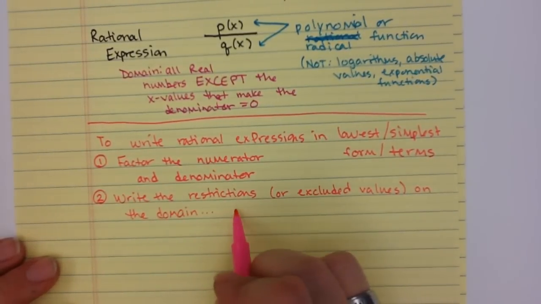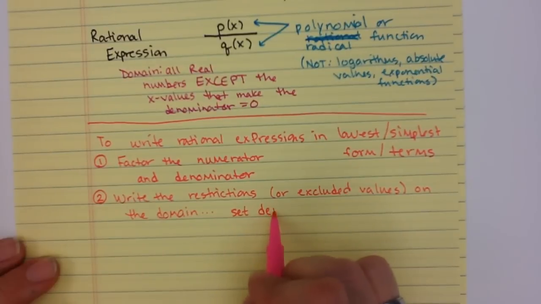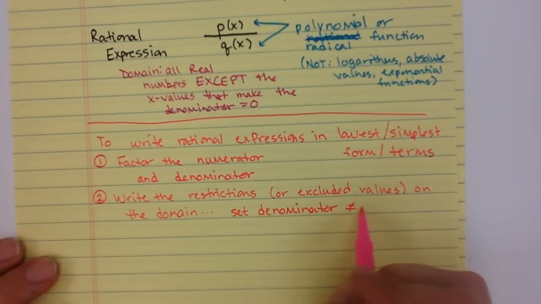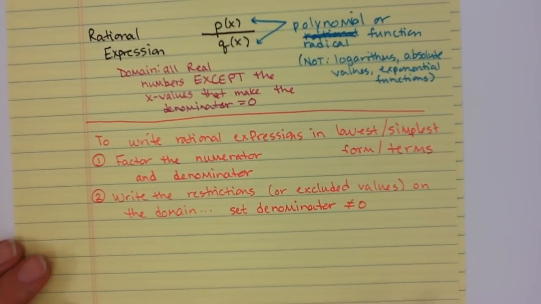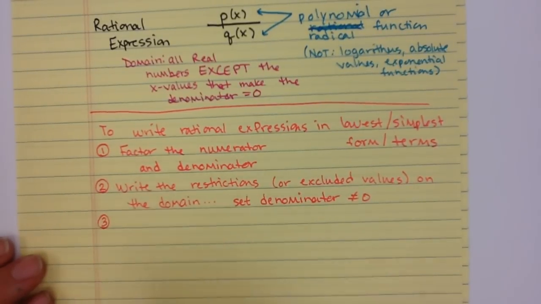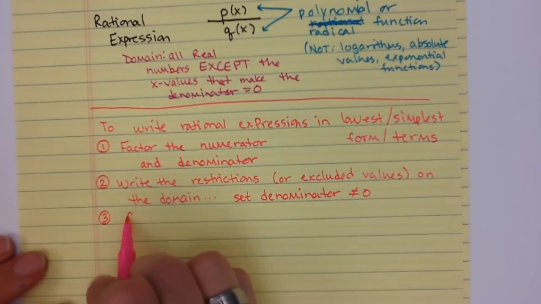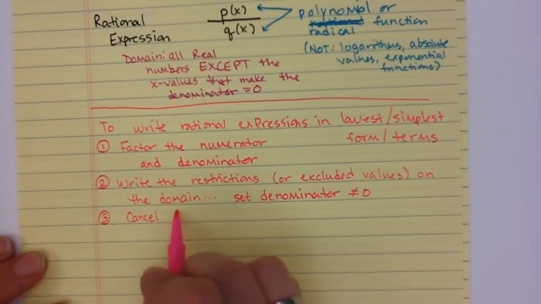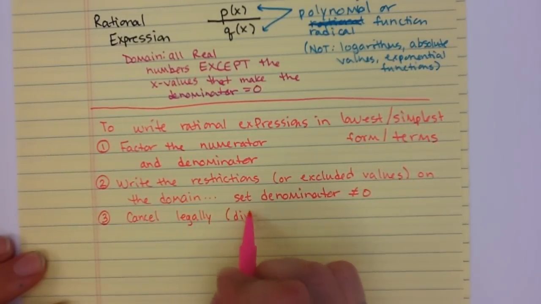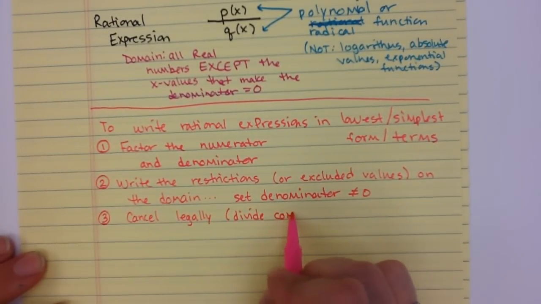And we do that by setting the denominator not equal to 0. Then we will divide out common factors. Sometimes we call that canceling legally. But really what we're doing is dividing common factors.